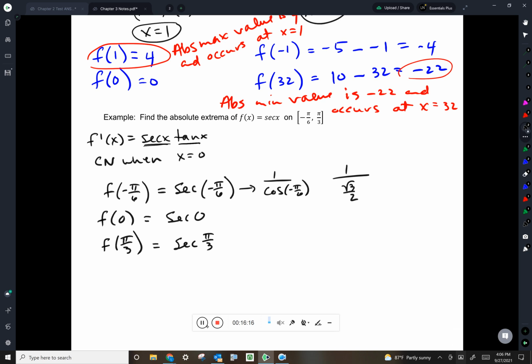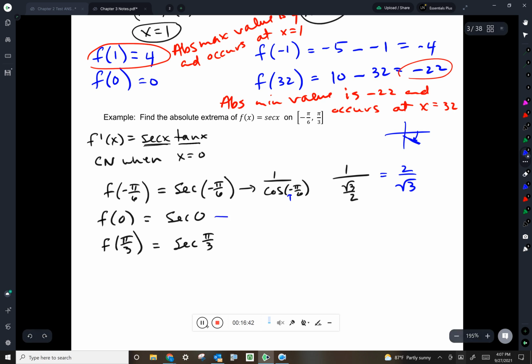Now, what does that negative mean? It doesn't mean that you necessarily make your answer negative. It means the angle is negative, right? Well, if I go in the negative direction, I'm down here in the 4th quadrant. And in the 4th quadrant, is the cosine positive or negative? Well, 4th quadrant, cosine is positive. So that's just a positive 1 over square root of 3 over 2. So that comes out to be 2 over square root of 3.